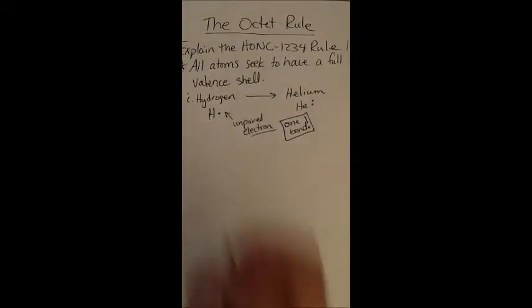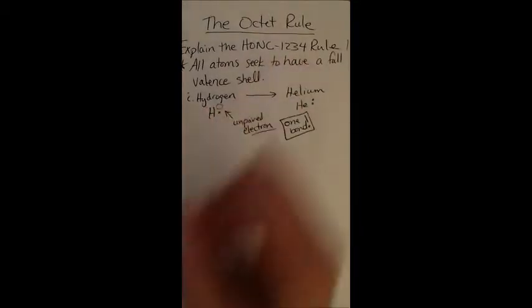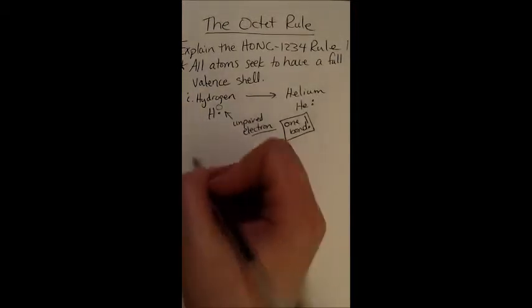Okay, so that bond, if we get another electron put into this place, then we would get a bond. And we can get that electron by sharing it with another atom.